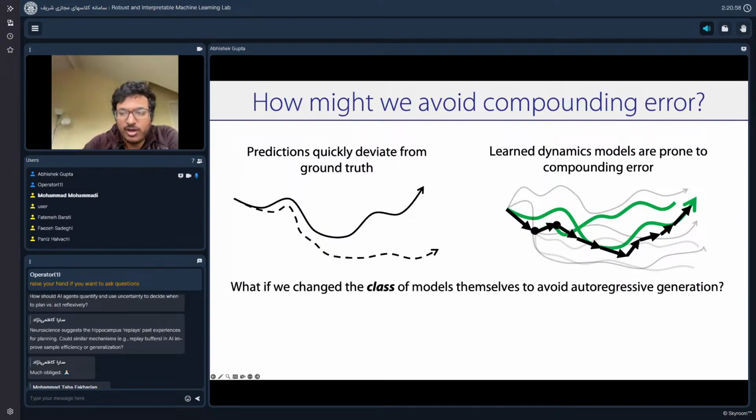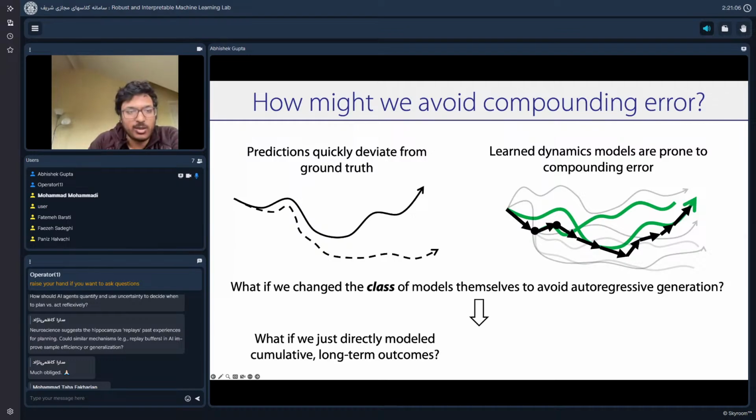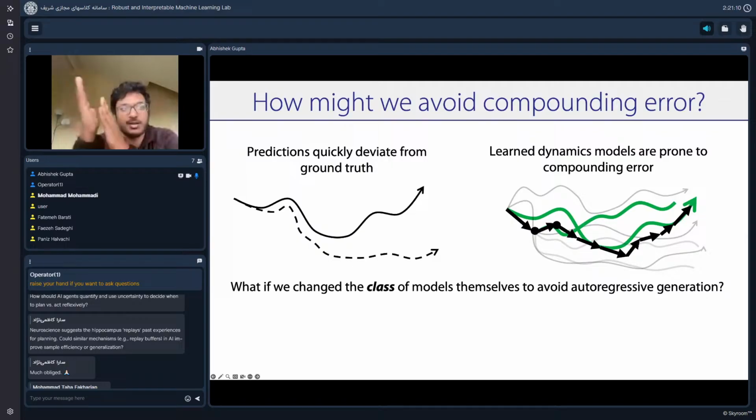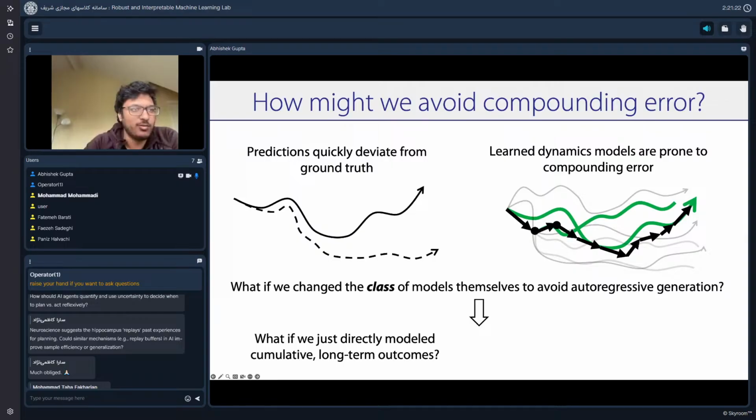What we're going to try and do in this subsection is change the class of models themselves in order to avoid autoregressive generation. Right now, models are predicting one step at a time. You take the current observation, predict the next observation, or the next latent. But the question we asked is, what if instead of predicting one step at a time, we directly modeled long-term outcomes?